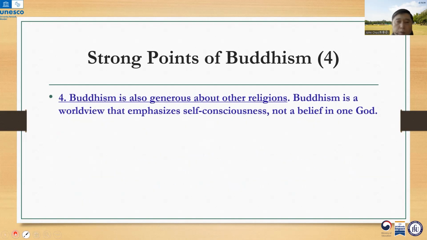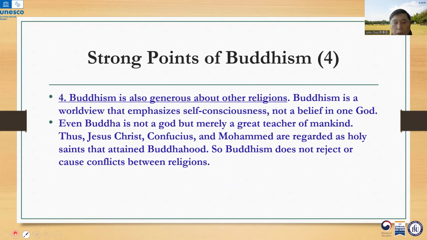Number four, Buddhism is also generous about other religions like Hinduism. And the Buddhist worldview emphasizes self-consciousness, not a belief in one God.